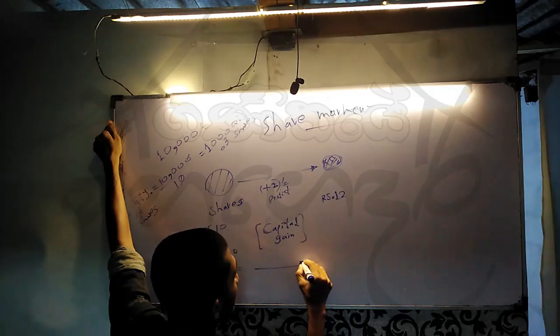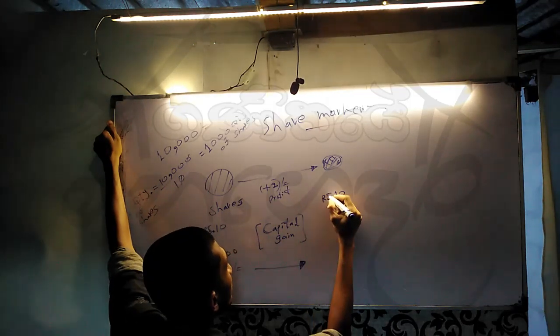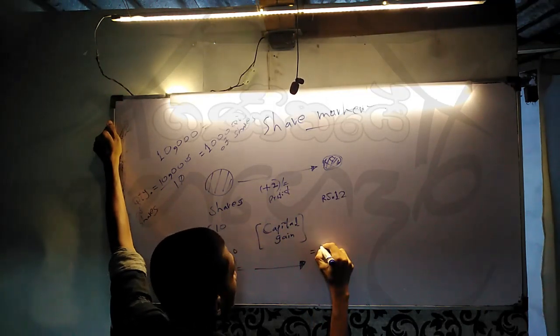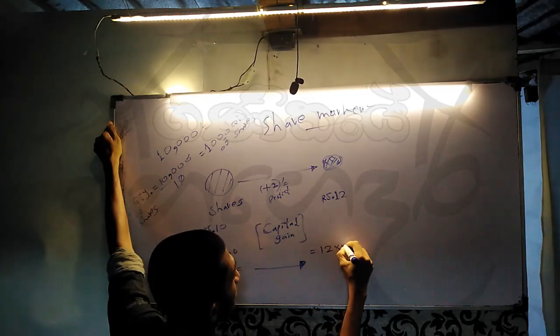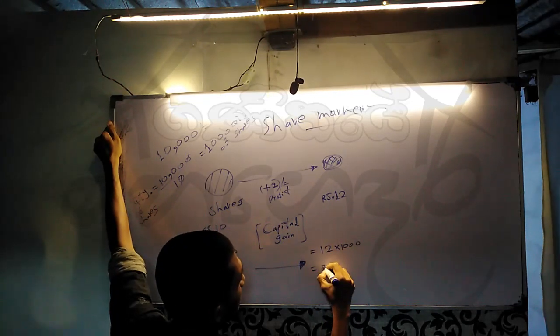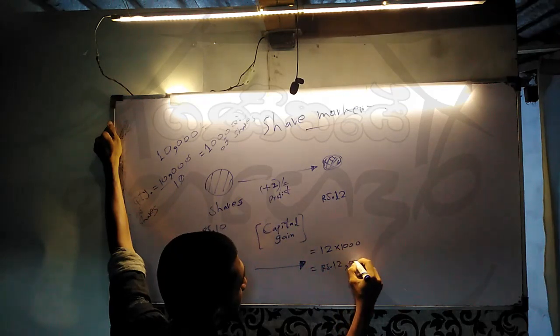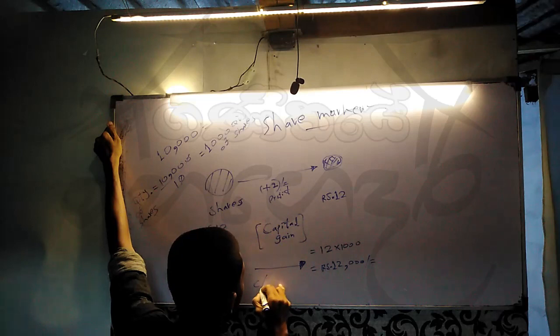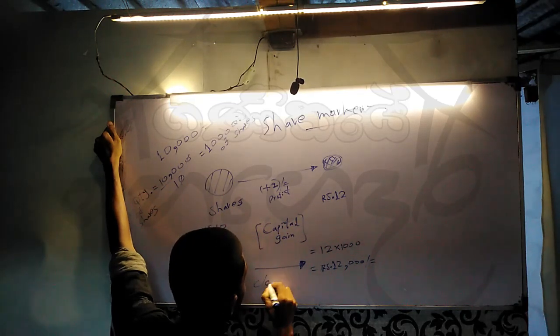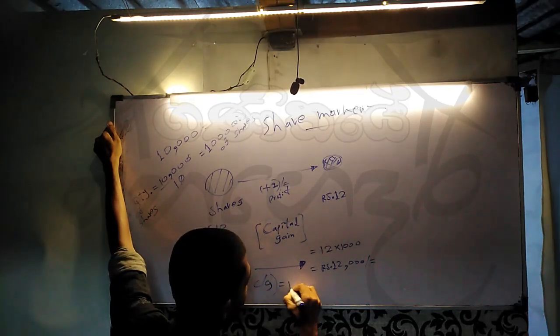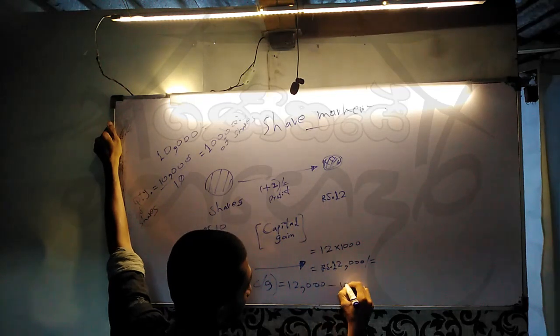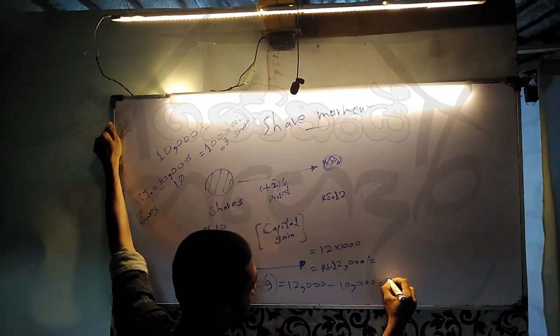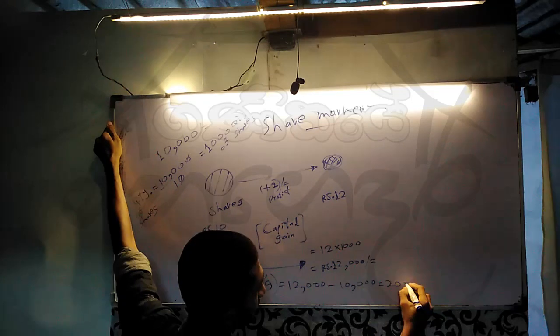Now, the total value of the shares can be found by using this procedure: 12 into 1,000 is equal to 12,000. Now, CG, capital gain, is equal to 12,000 minus 10,000, which is equal to 2,000 rupees.